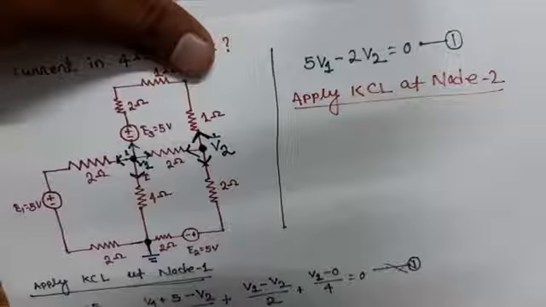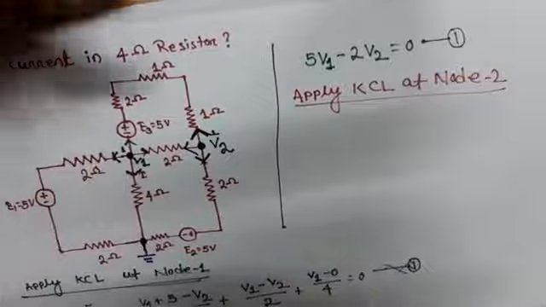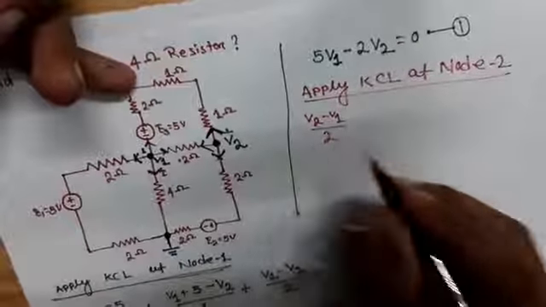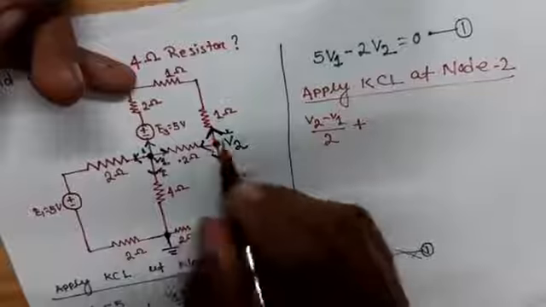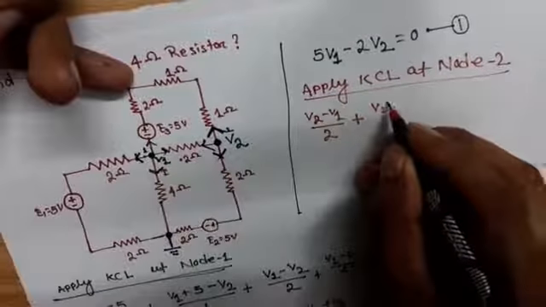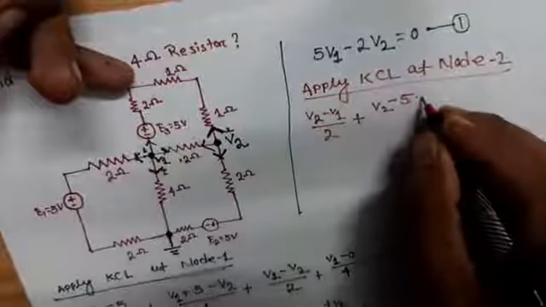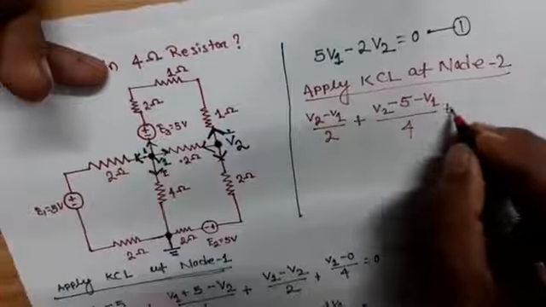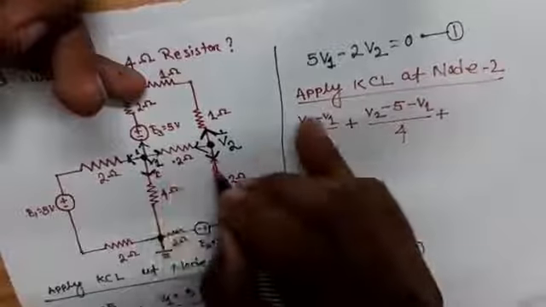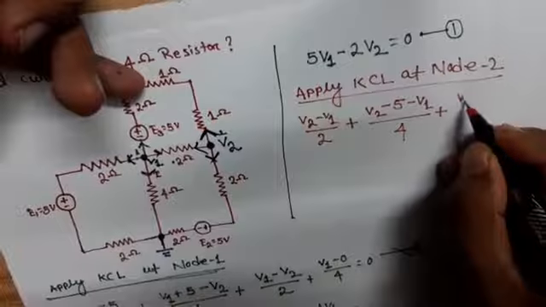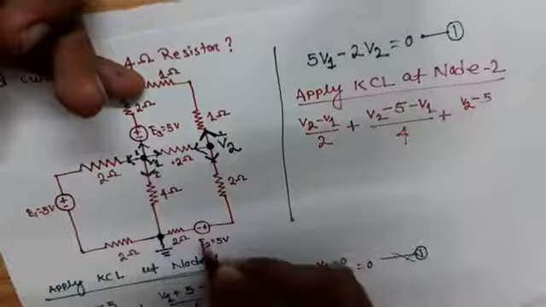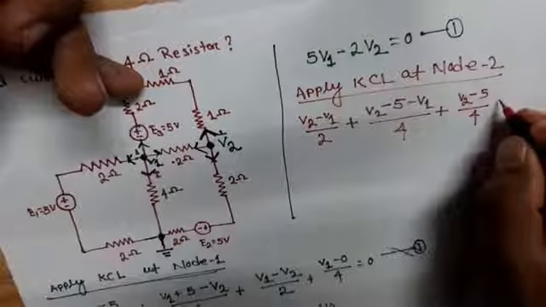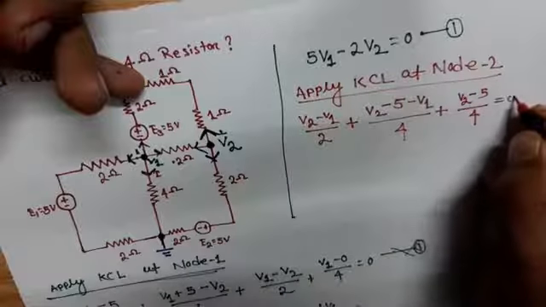First we write (V2 minus V1) divided by the 2 ohm resistance, then plus (V2 minus 5 minus V1) over the series resistance, which is 4, then plus (V2 minus 5) over 2 plus 2 in series, which is 4, equal to 0.